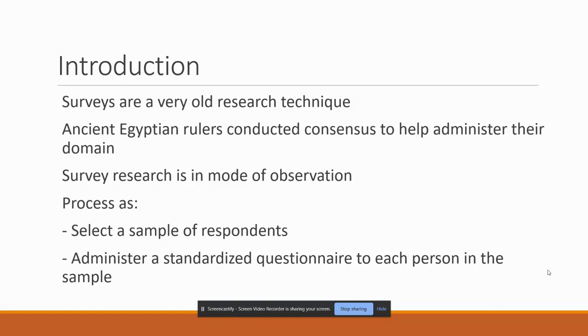And survey research, when it comes to social research, is a mode of observation which is processed in two different ways. First, selecting a sample of respondents, which means researchers select a particular number of people to represent the whole population as the sample, and then administering a standardized questionnaire to each person in the sample.